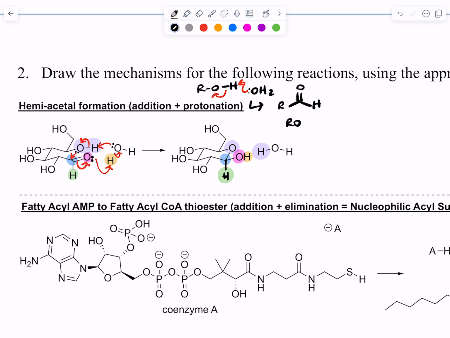Then you would show the OR minus group attacking the carbonyl carbon. Then you would show the tetrahedral intermediate. And then you would show that negatively charged oxygen picking up a proton from hydronium.